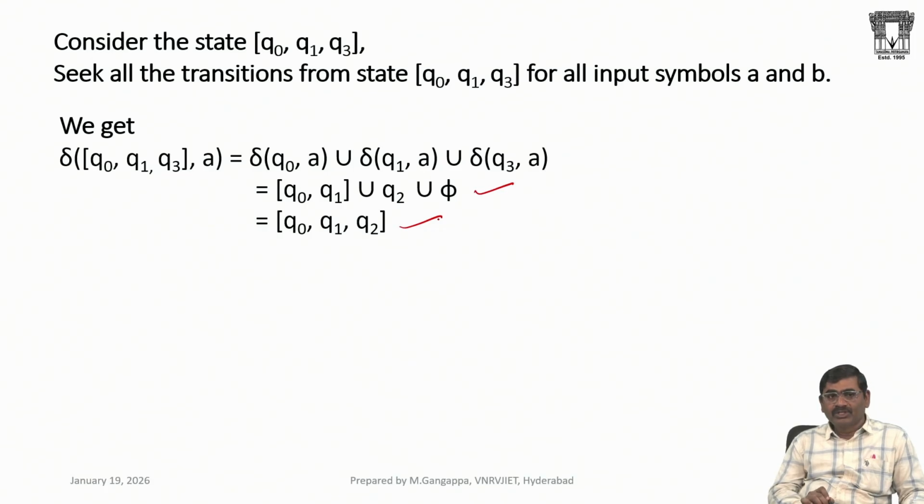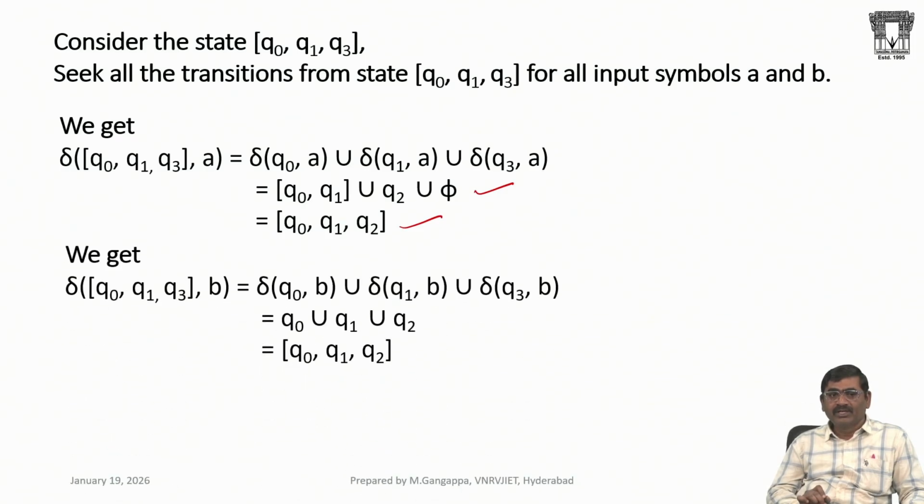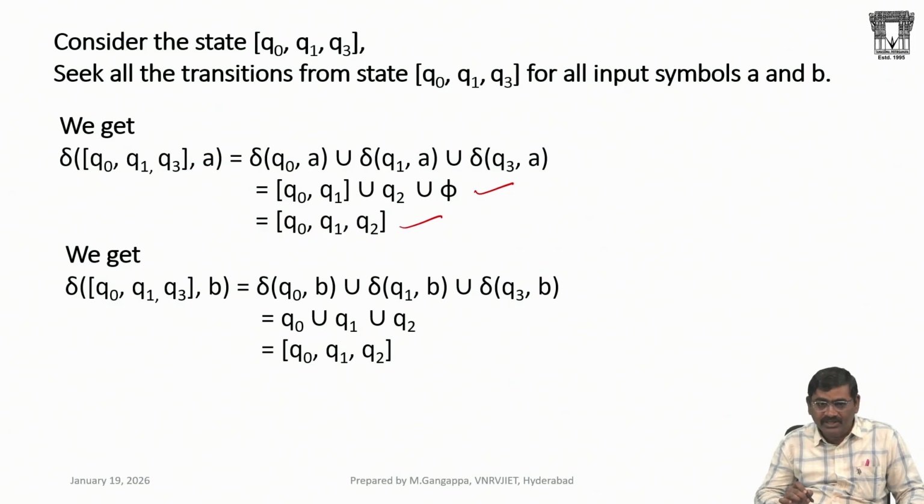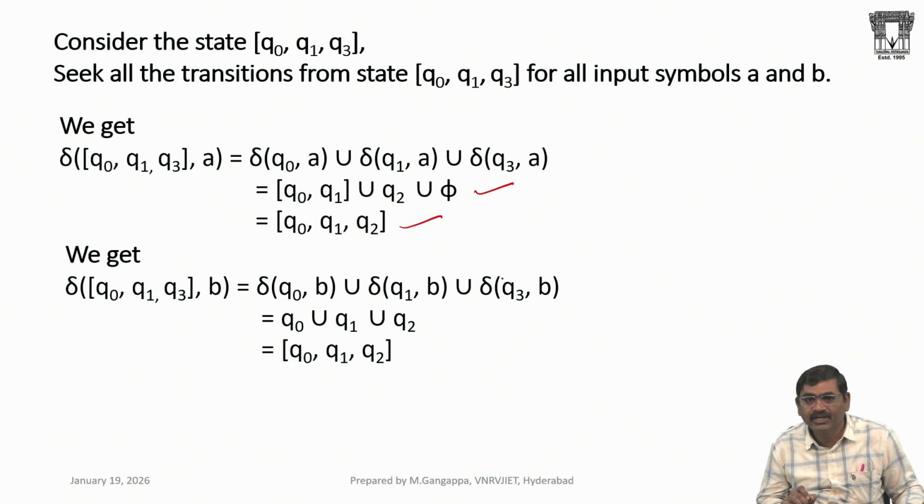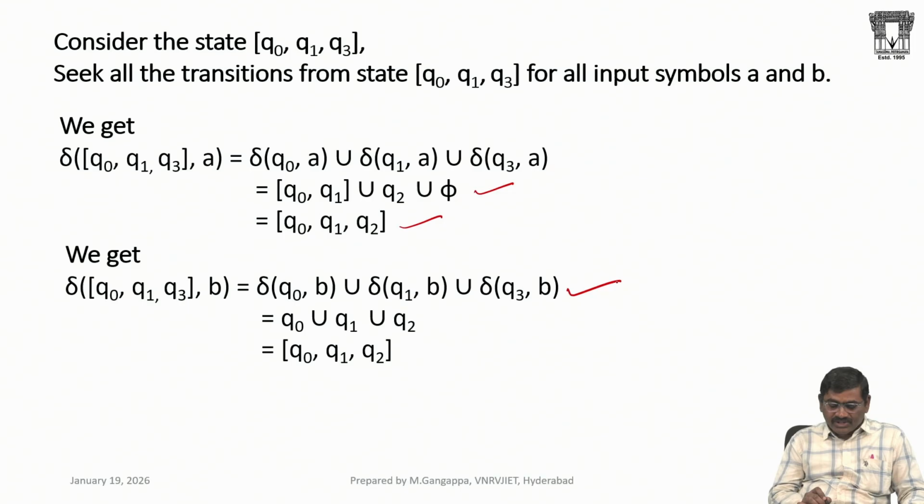Similarly, we should make one more transition with the state Q0, Q1, Q3 with input B as shown here. Q0, Q1, Q3 with input B can be expanded as delta of Q0 on B union delta of Q1 on B union delta of Q3 on B. So after expanding like this, we should get the next state value for this transition.